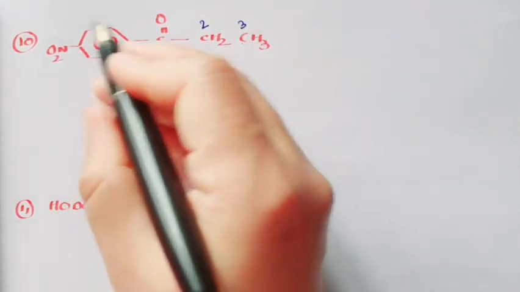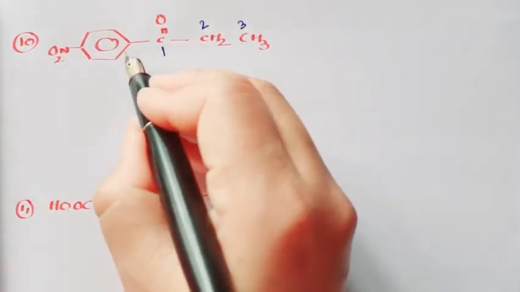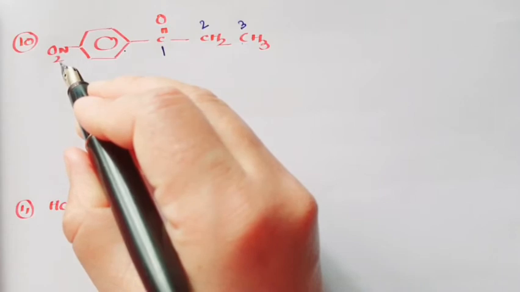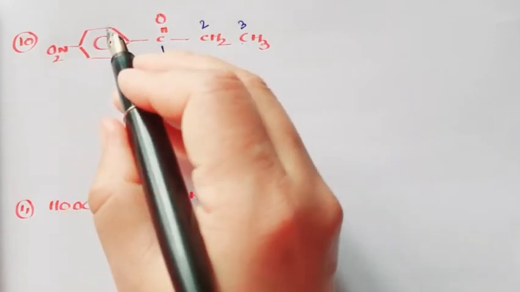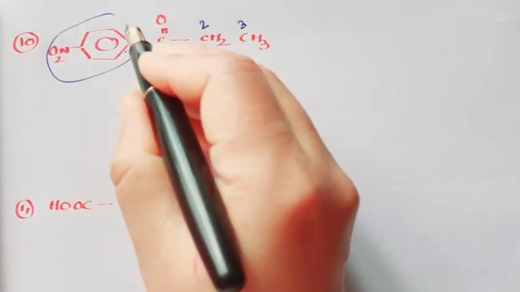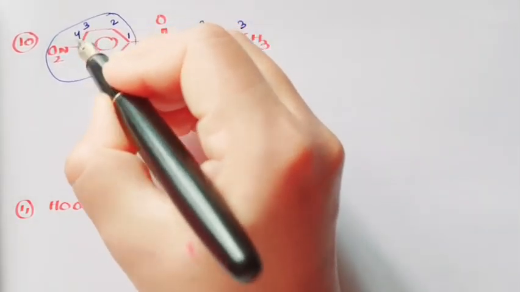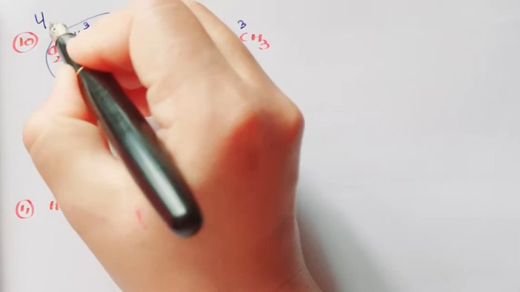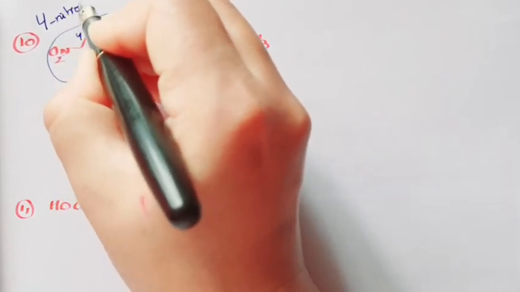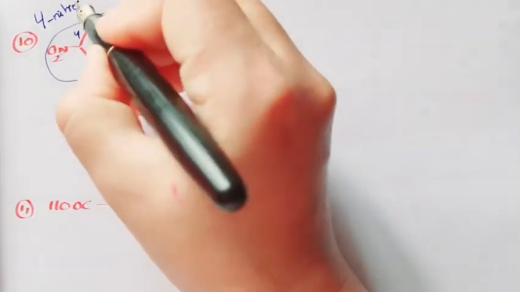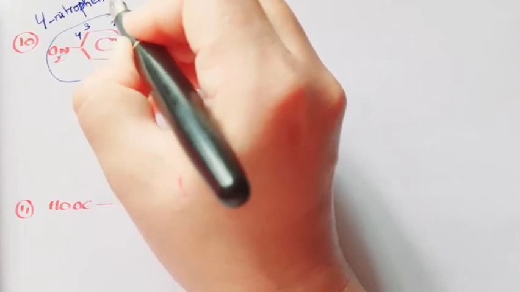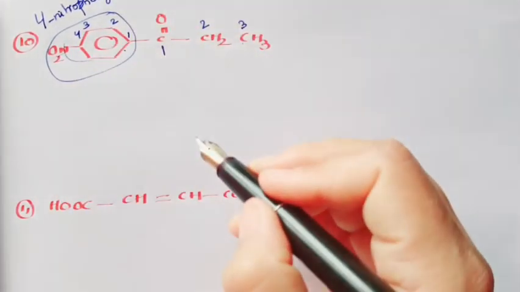Now what is this one? This is your phenyl ring with NO2. This is your substituent. What is its position? 1, 2, 3, 4 nitro. So this is nitro and this is your benzene ring, so we write phenyl. So this is your 4-nitrophenyl.